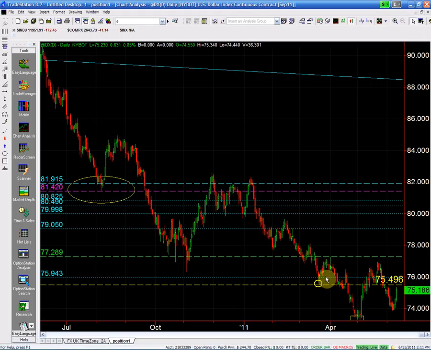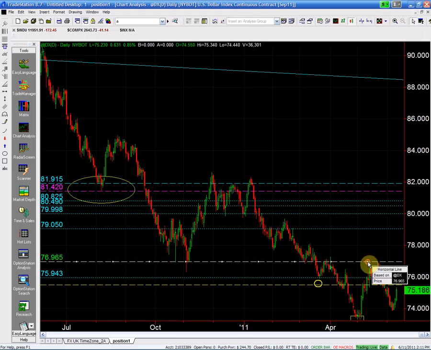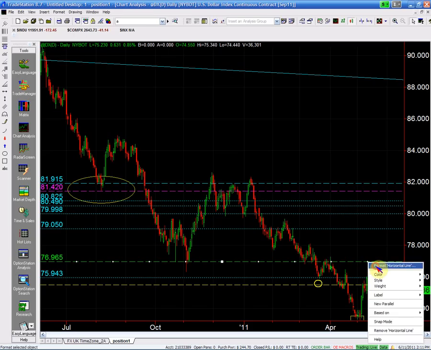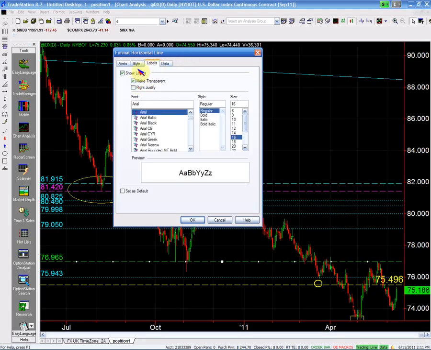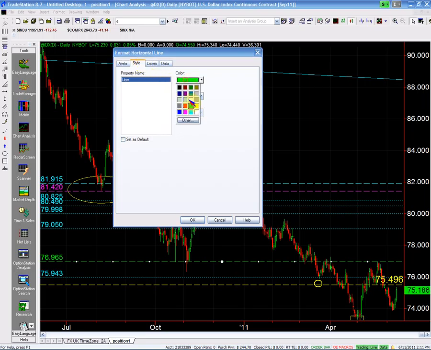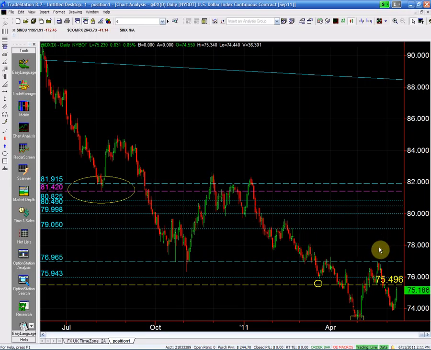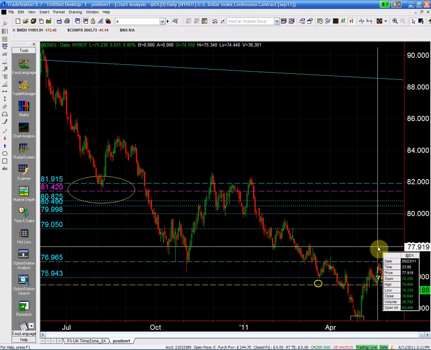This point over here, guys, is going to become our structural point, and that will be the beginning of a trend change in the US dollar. That price point was the high established on May 23rd, which is 76.95.